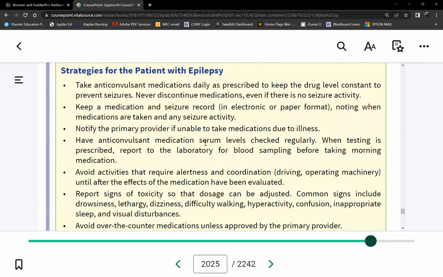This will help ensure medication compliance, because successful management of epilepsy depends on compliance with the medications. Patients must be aware that before they start any over-the-counter or prescribed medications, the doctors must be aware that they're taking anti-seizure medications.